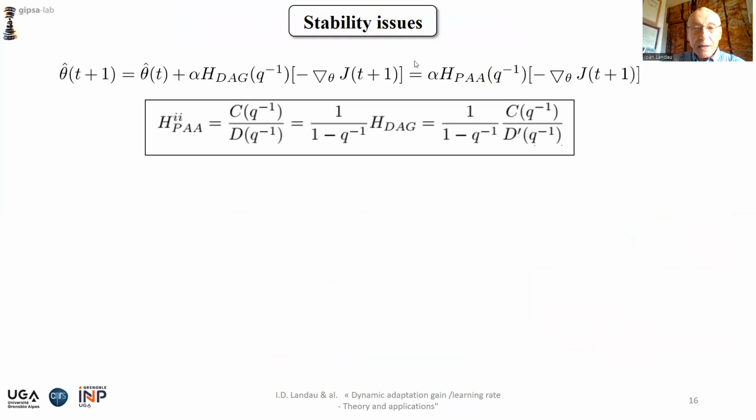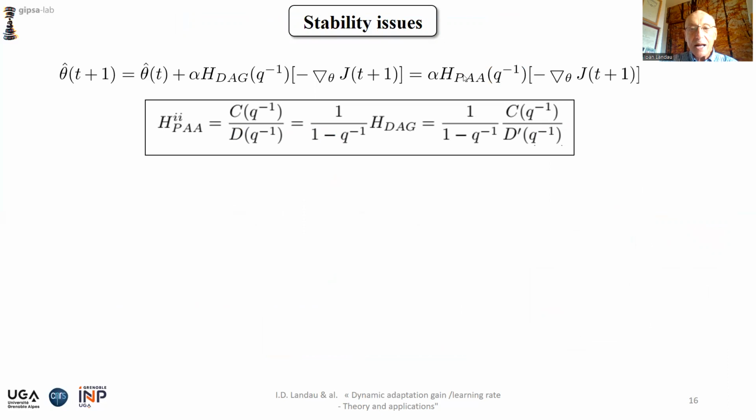Now, once we have understood the performance issue, let's look at the stability issue. To make this coherent, we'll rewrite the equation of the algorithm, which is given here, taking into account that we are feeding an integrator with this correcting term, and these two filters can be concatenated.